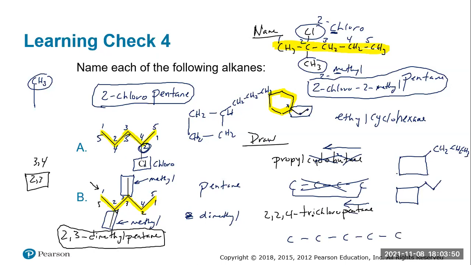Trichloro means we have 3 Cls, and they are at carbon number 2, 2, and 4. I'm going left to right. So this is carbon number 2 for me, which has a chlorine there and a chlorine here. And 4 would have a chlorine. Everybody else is going to be hydrogens. Any question on any of those naming or drawing these alkanes?